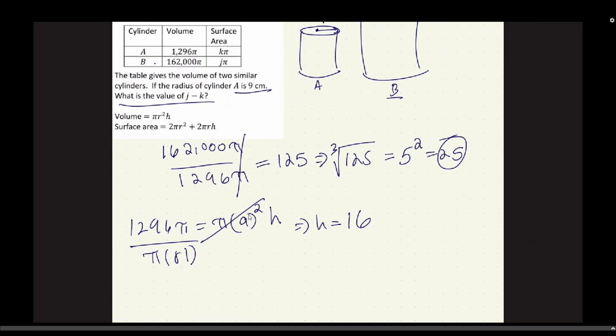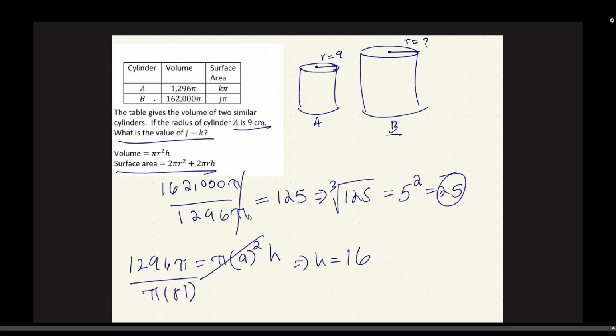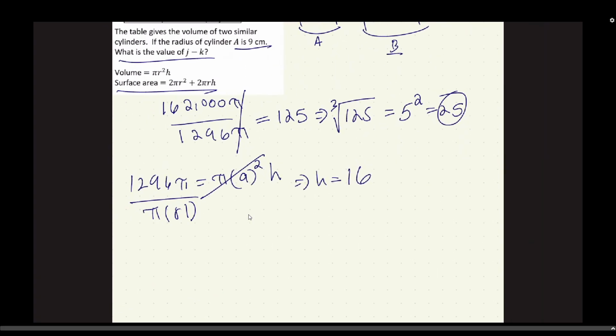So now that we know the height, we can solve for the surface area of cylinder A with the formula that we're given. The surface area of cylinder A is 2 times pi radius squared plus 2 pi radius times height. After solving this and collecting like terms, we get 450 pi.